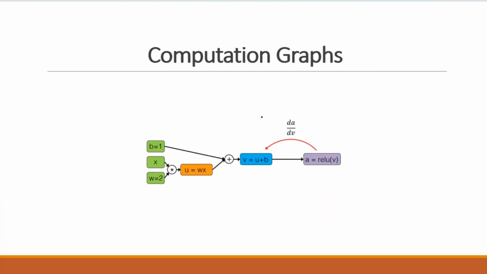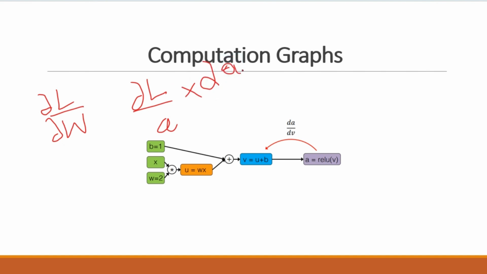In the context of deep learning, we are usually interested in computing the partial derivative of the loss function with respect to the weights or bias unit, as we have seen in the Adaline, and we can decompose that into smaller substeps. Using the chain rule, we can decompose it into the partial derivative of the loss with respect to the activation times the derivative of activation with respect to the weights.